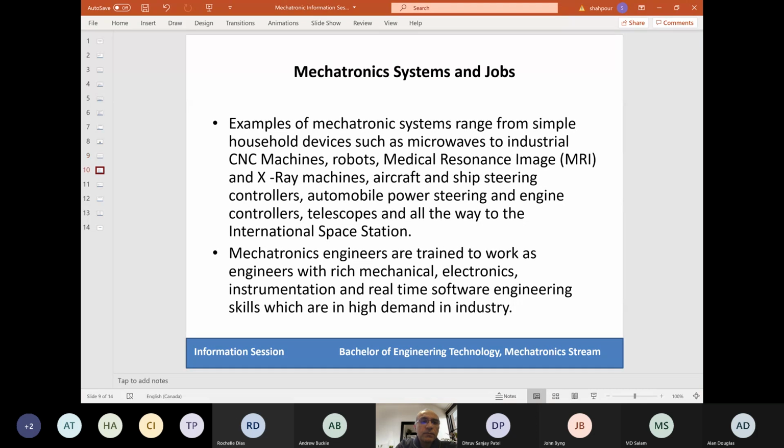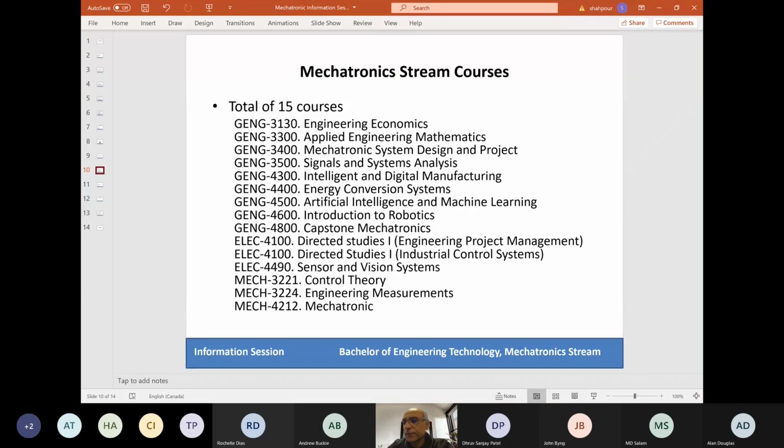So the courses that we have: in all of our BTech programs, we have a core of 15 courses. Some programs may have more than 15 courses. In our mechatronics stream, we have these 15 courses. As you see, some of these courses are very basic, like applied engineering math, engineering economics. These are general courses that any BTech student should take.